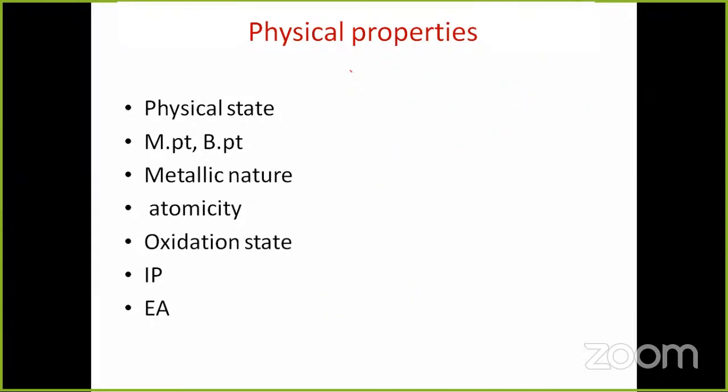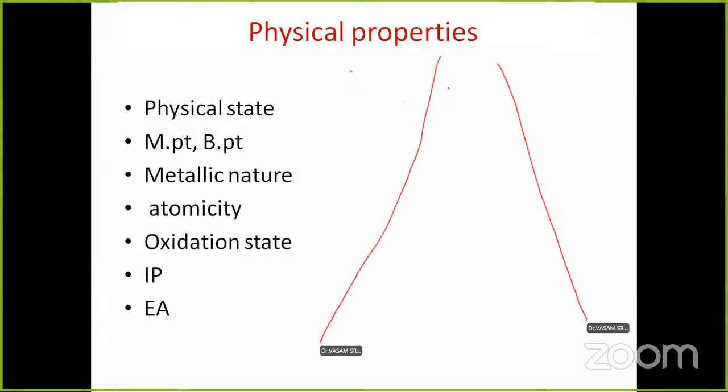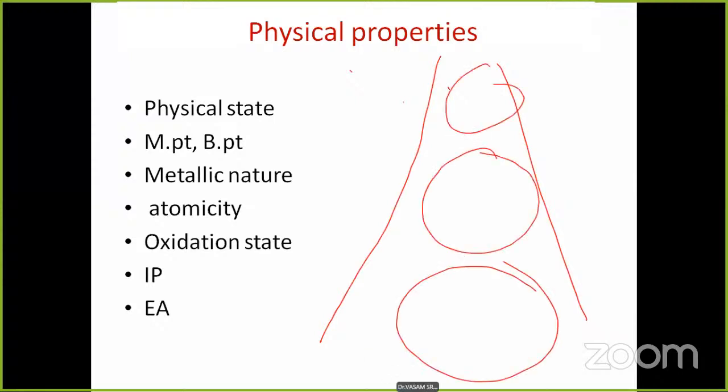But a small logic: you remember from top to bottom, helium, neon, argon, krypton, xenon. From top to bottom the number of shells increases: 2 shells, 3 shells, 4 shells. Therefore the size increases automatically. So xenon has more atomic size compared to helium and neon.